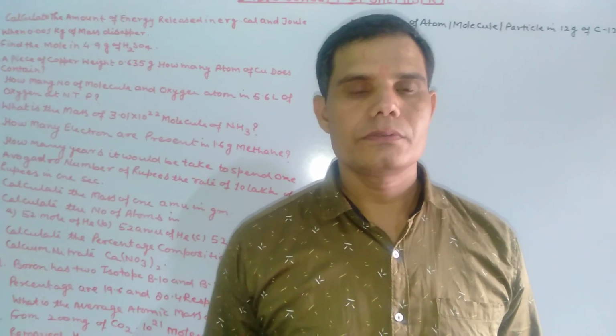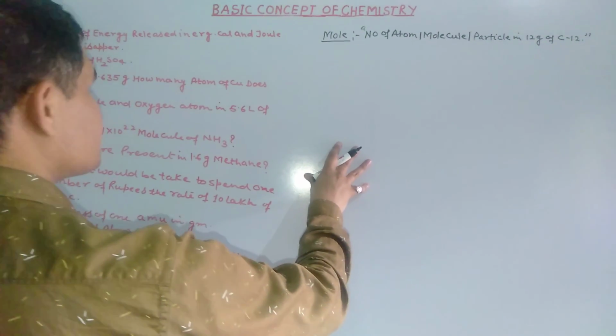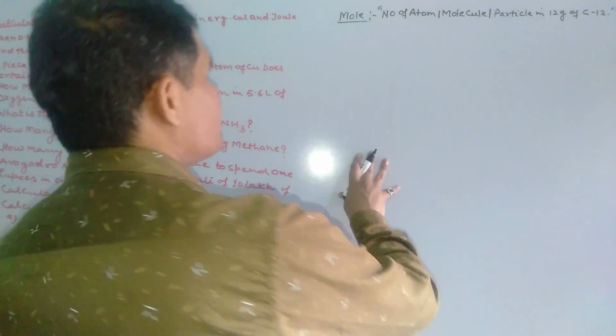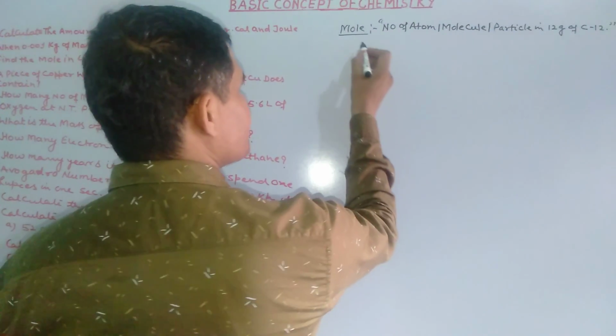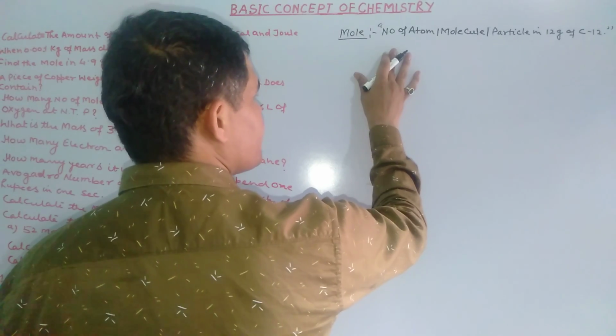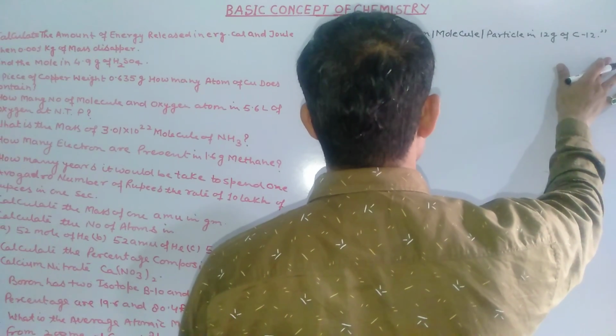We will continue to find the number of atoms, molecules, particles or ions in a given substance. First of all, we define what a mole is. Mole is defined as the number of atoms, molecules, particles present in 12 gram of carbon 12.